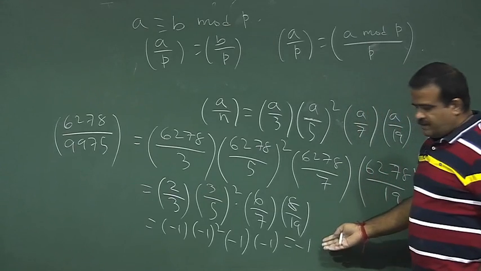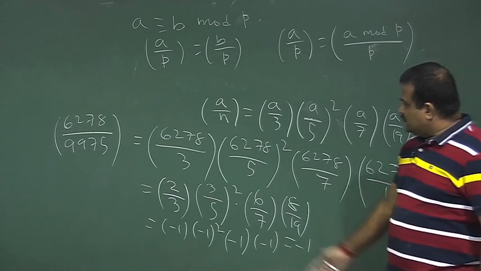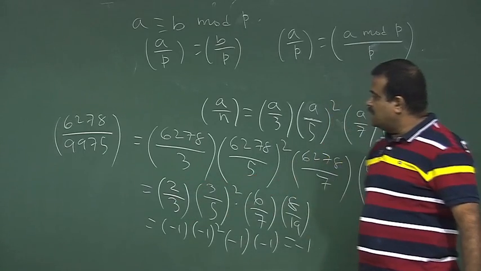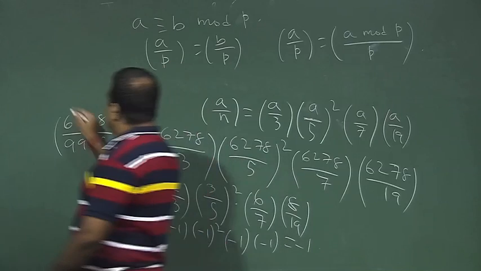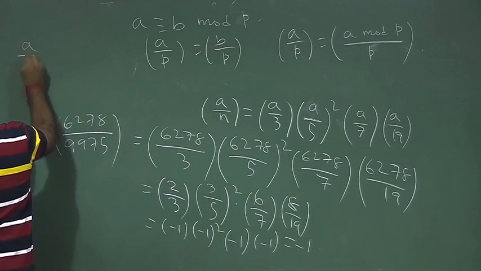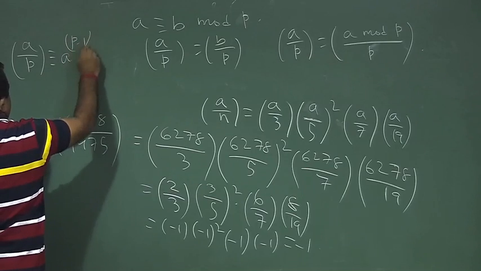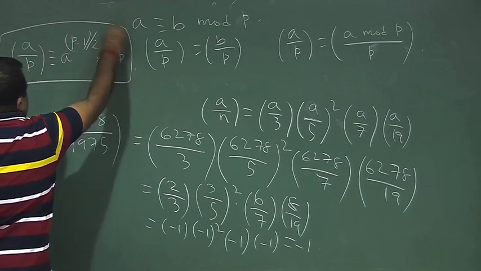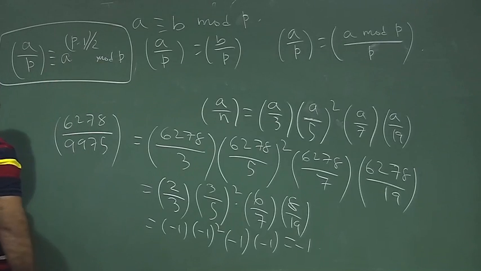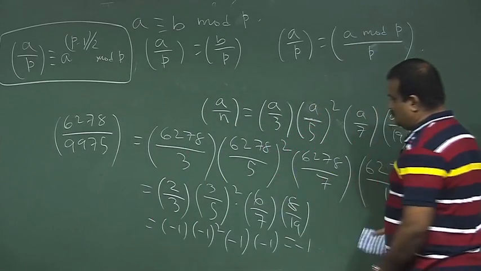This can also be calculated by Euler's theorem: a by p is congruent to a to the power (p minus 1) by 2 mod p, where p is prime.